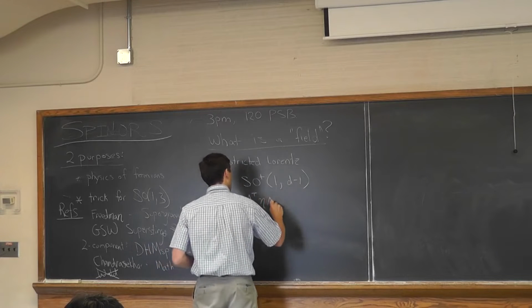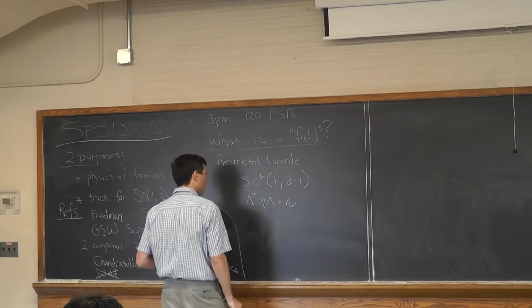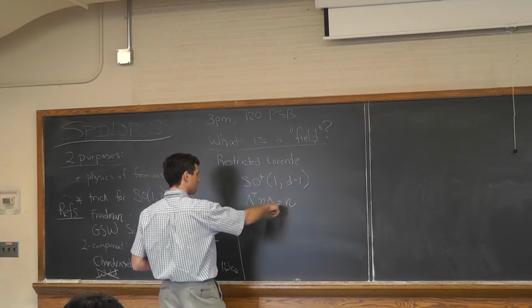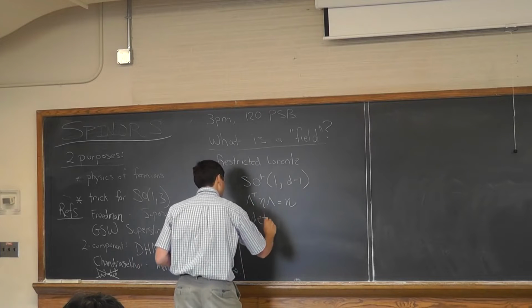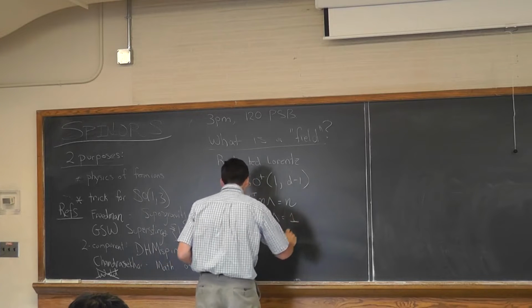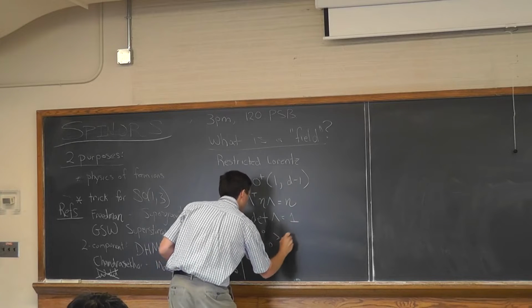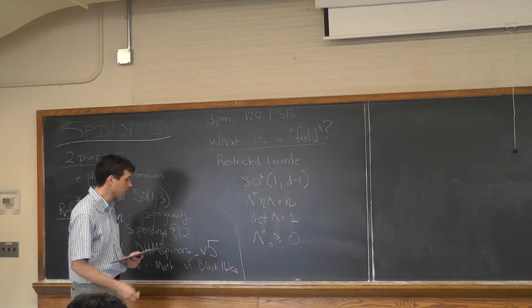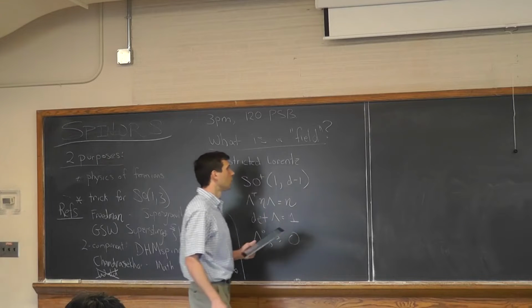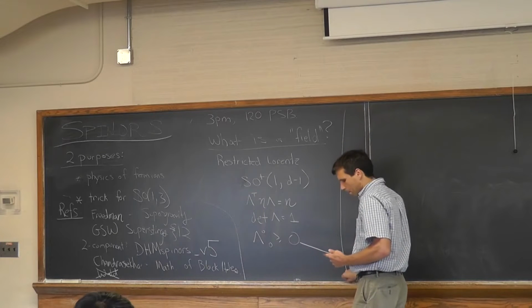And quickly review: the O, orthogonal, means it satisfies this equation. The S means the determinant is +1, and the plus means that it preserves orientation in time. So these are the generalized rotations that preserve orientation in both space and time.